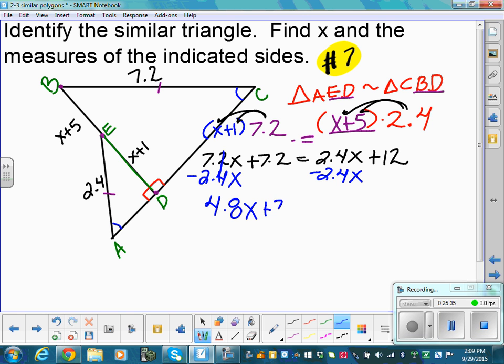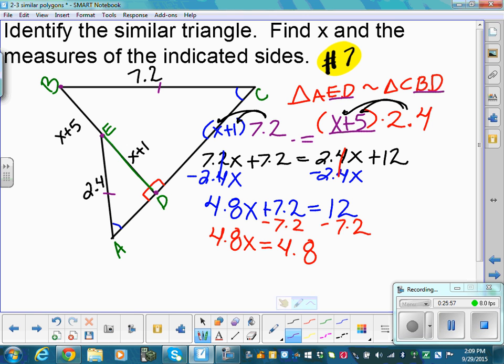Then I still have plus 7.2, which is equal to 12. Now I'm trying to solve for x, so I'm going to subtract 7.2 from both sides. So we have 4.8x is equal to 12 minus 7.2, which is 4.8.